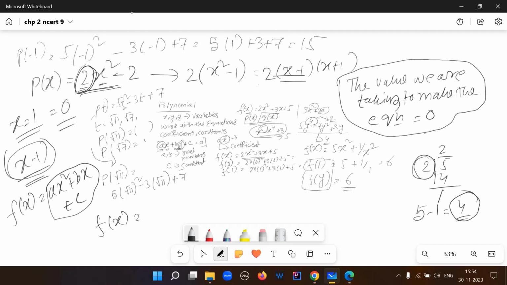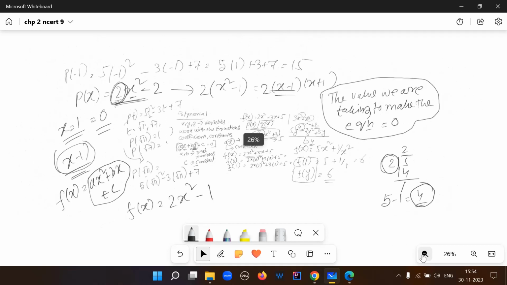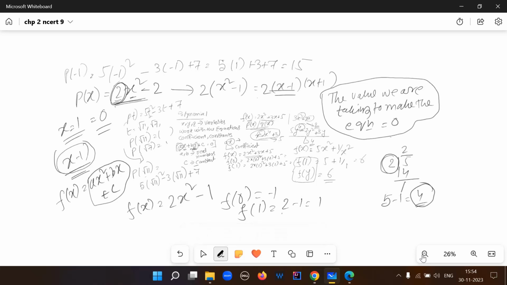If I am given the equation f(x) equals 2x square minus 1, this equation never gets to 0, right? f of 0 is minus 1. f of 1 equals 2 minus 1, which is 1. f of 2 is 8 minus 1, which is 7. So it never goes to 0.